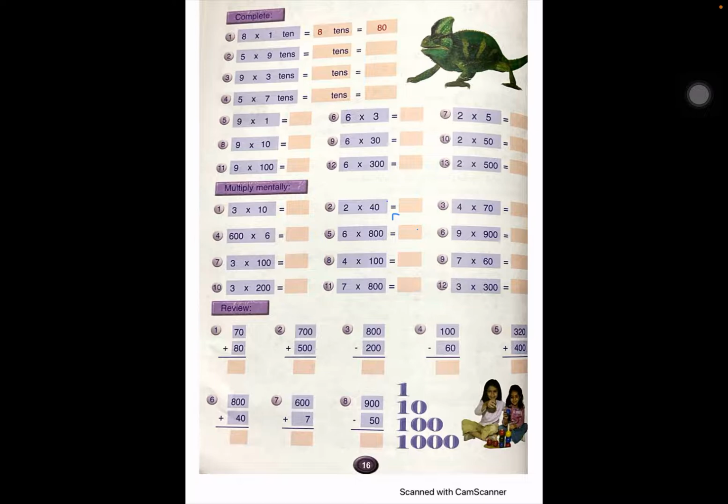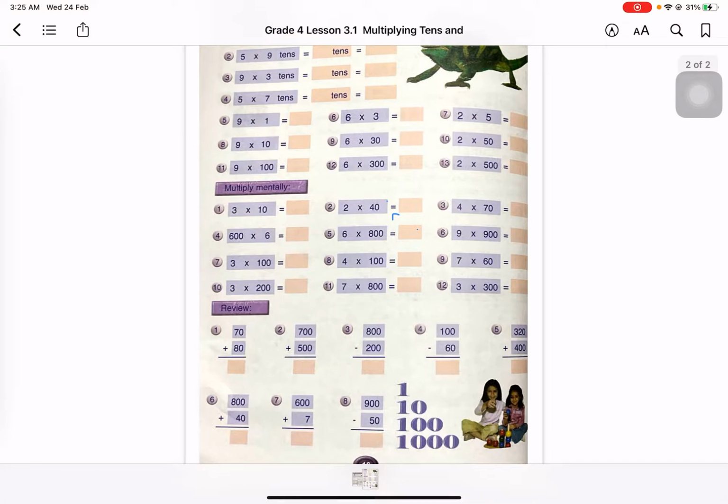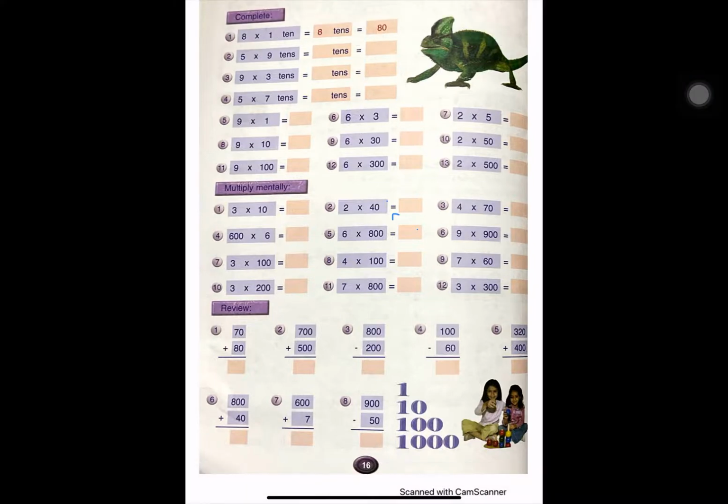What is the product? 8. Then you write beside it tens. You have 8 tens. Instead of writing the tens, you cross the tens, you are going to put what? 0. So the answer is what? It will be 80. So my answer will be 80.